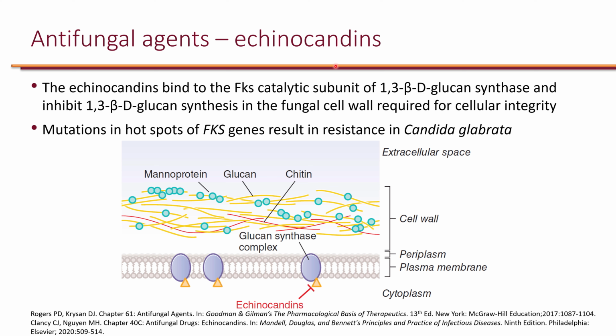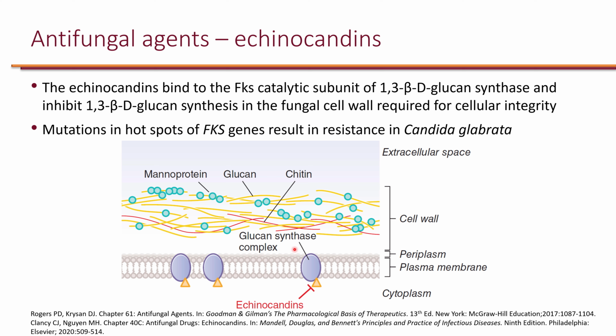So for that reason, this class will not be active against Cryptococcus species. But for Candida and aspergillosis, which are the most common, they are very good agents. Now, mutations in the hotspots of the FKS gene result in resistance to echinocandins in Candida glabrata specifically.